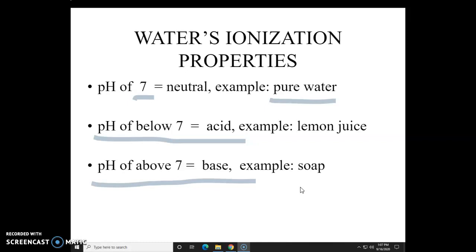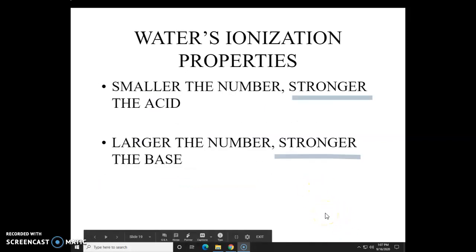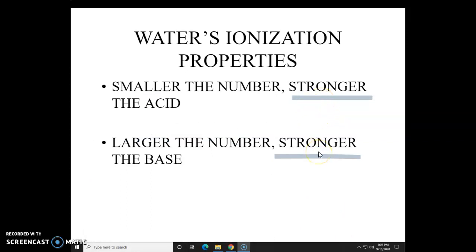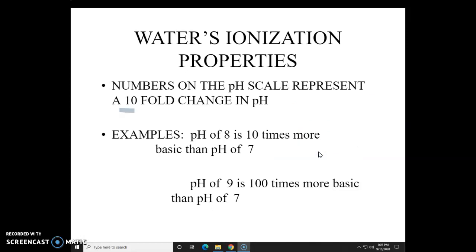And bases have a pH greater or above 7. And the smaller the number, the stronger the acid, and the larger the number, the stronger the base. And numbers on the pH scale represent a 10-fold change in pH, and we'll be talking about that a little bit more in the next video.